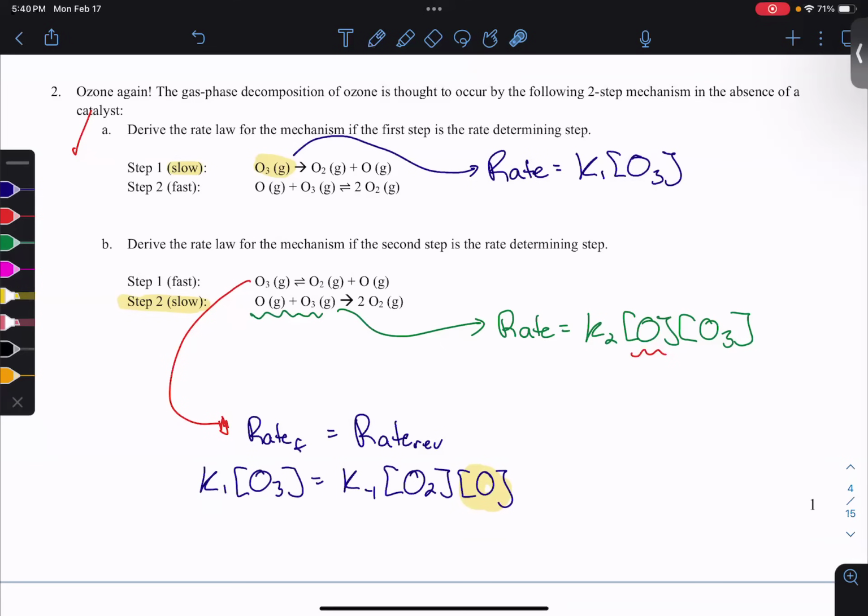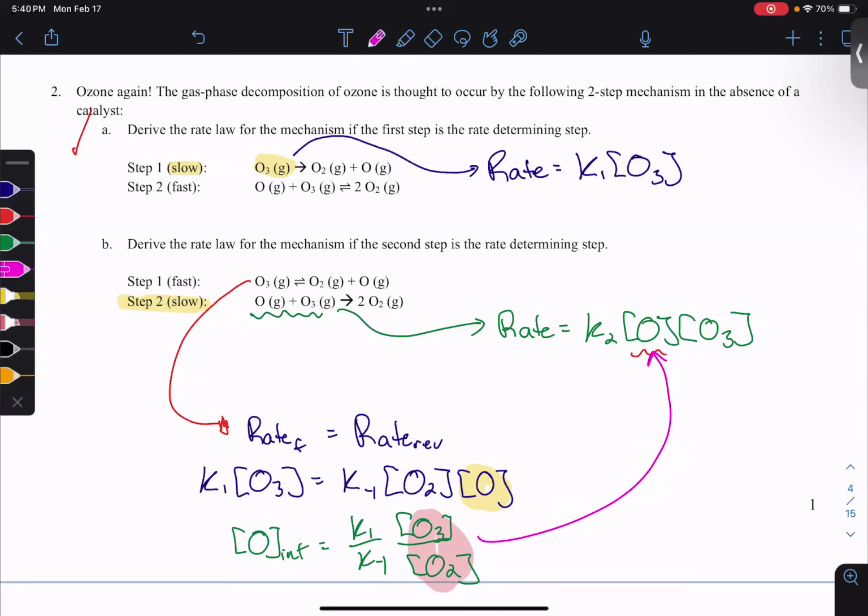I'm just going to move some stuff around here, and what I see is that the O intermediate concentration is equal to k1 over k-1, which is just an overall K, times O3 over O2. What's really important here is this O3, O2 ratio. This is what's going to replace that O intermediate in our original rate determining step rate law.